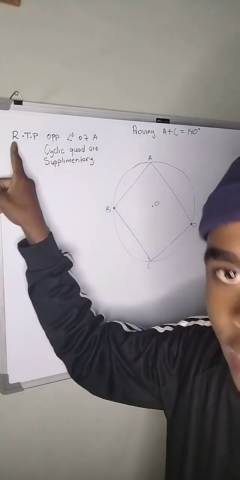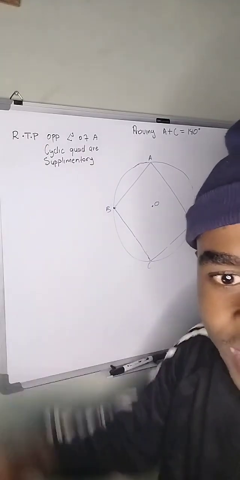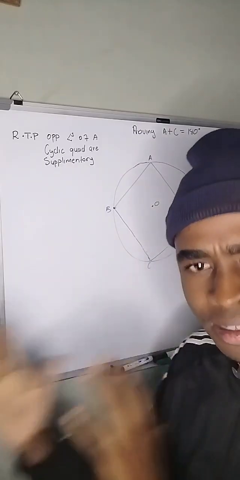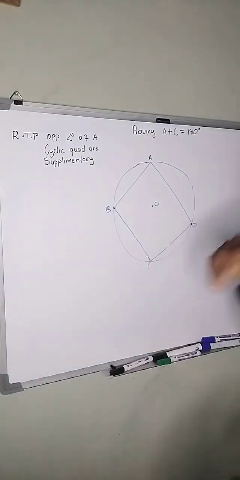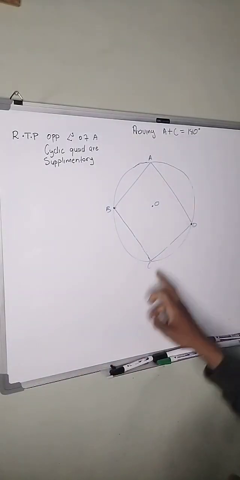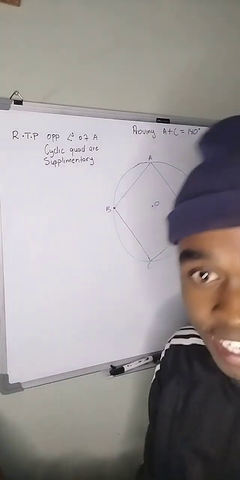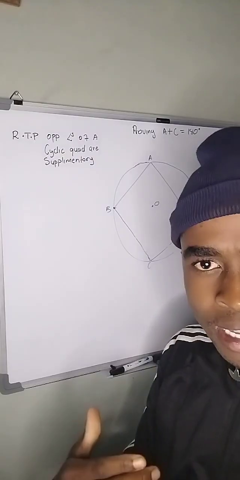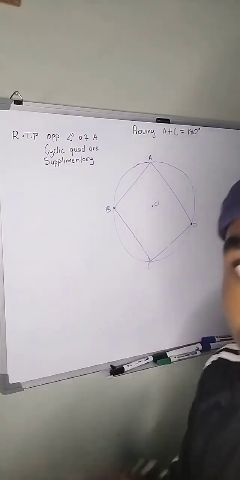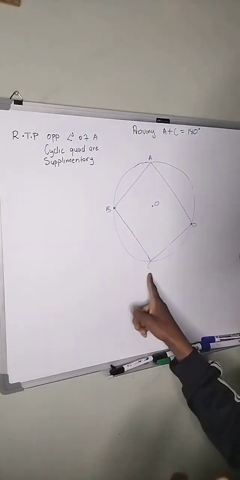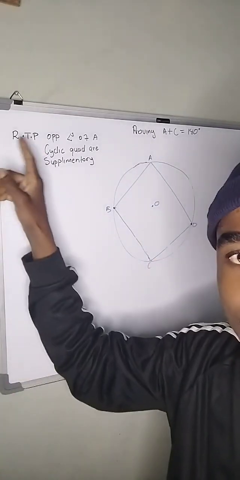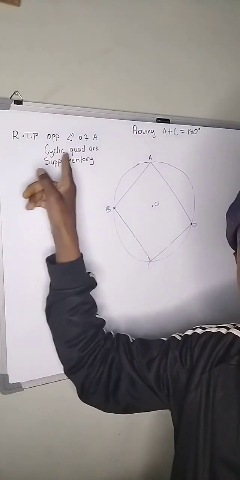Required to prove, that's RTP, because we are proving this to be equal to that. We don't know yet that this is gonna be equals to that, but if you've been asked in an exam to prove that A plus C is equal to 180, you're going to say I'm required to prove that.